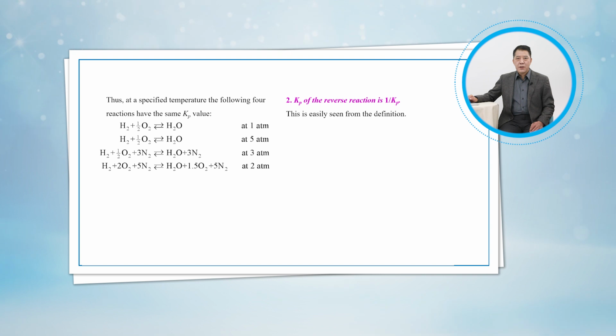For reverse reactions, the products and reactants switch places, and thus the terms in the numerator move to the denominator and vice versa. Consequently, the equilibrium constant of the reverse reaction becomes 1 over Kp.